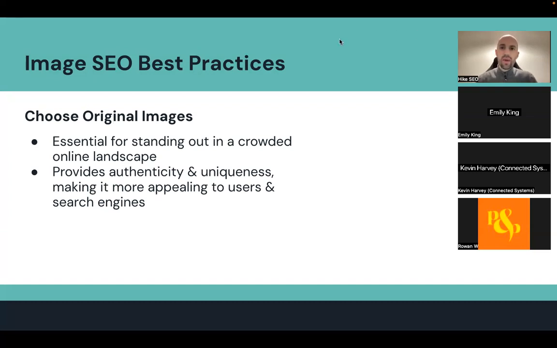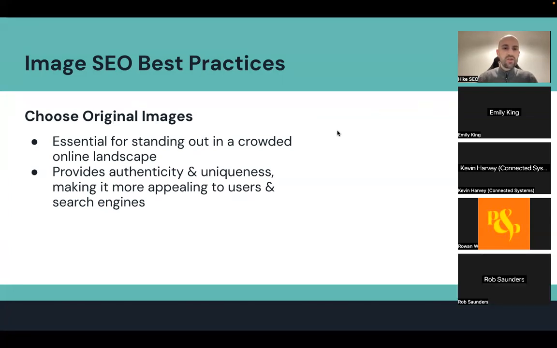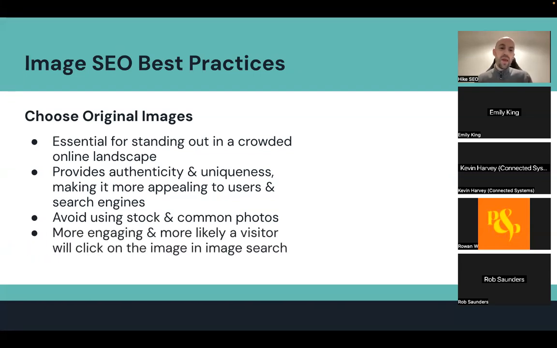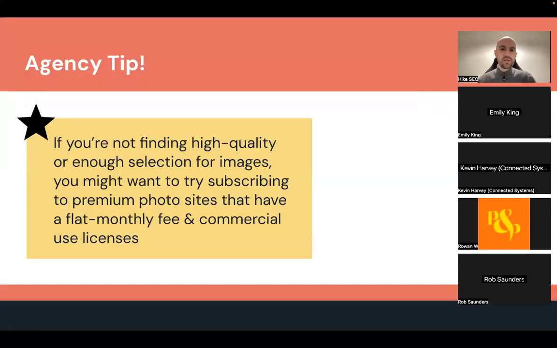Try to make it as original as possible. What that means is avoid, if you can, using stock and common photos that everybody else is using, because after a while it's been used so many times that you've seen it somewhere else before. So make them more unique. If it's original content, then it's more engaging. It's more likely that a visitor will click on that image in image search.